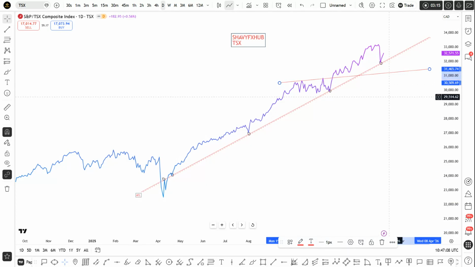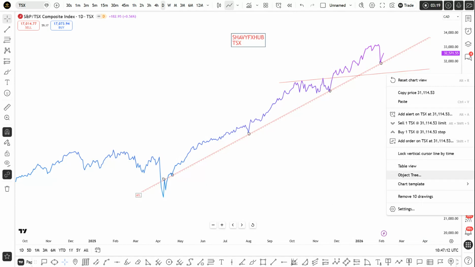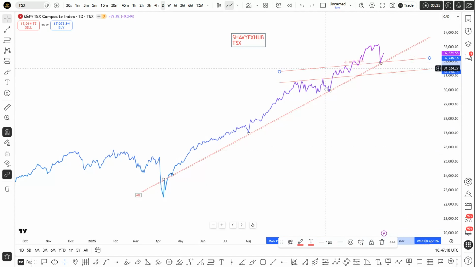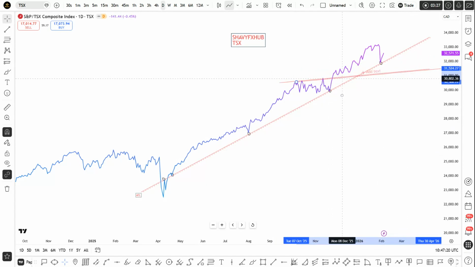So if we get a pullback into that structure, I will wait with a buy optimism at that level. And that's a technical demand floor.